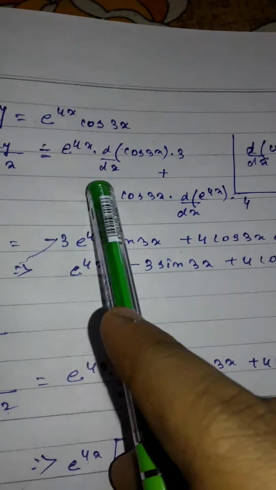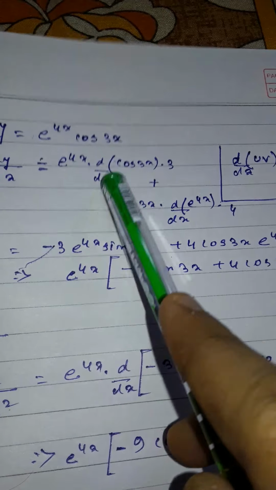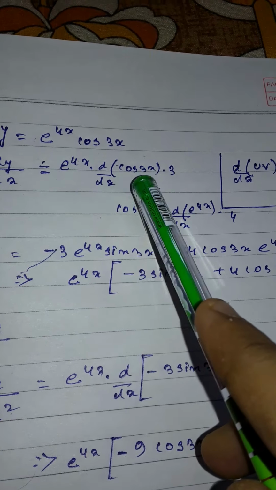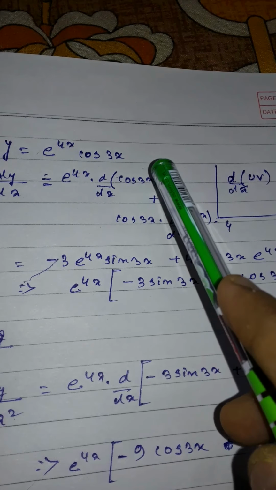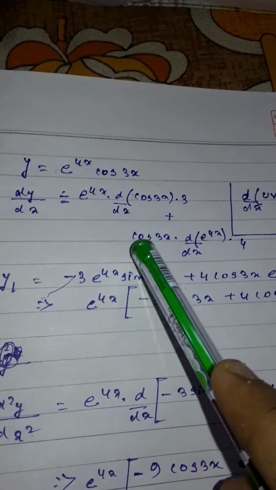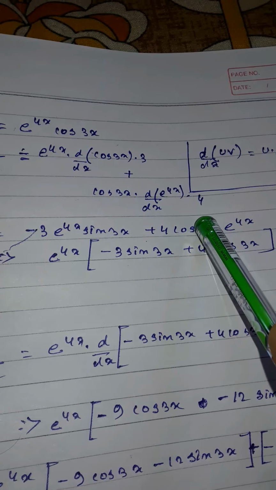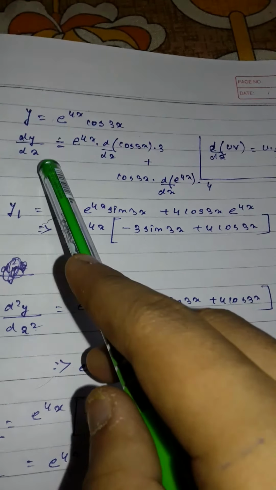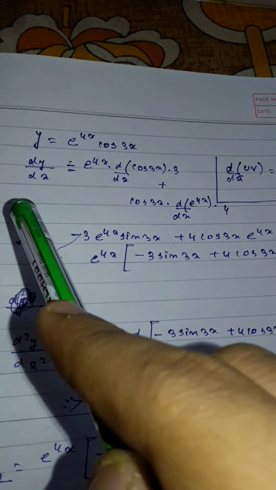So e^(4x) is u, and v means cos 3x, so u dv/dx: we differentiate 3x, and it comes as 3. Similarly v du/dx, and if we differentiate 4x, it comes as 4. Now we write dy/dx as y1, the first order differentiation.